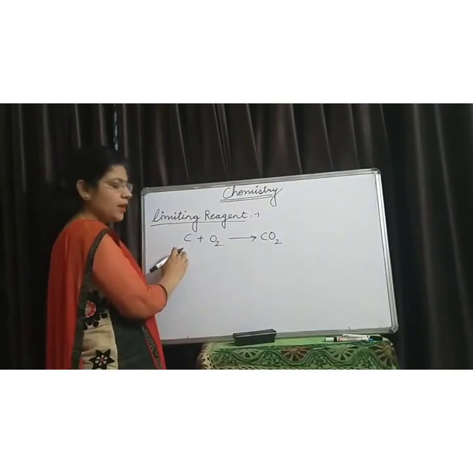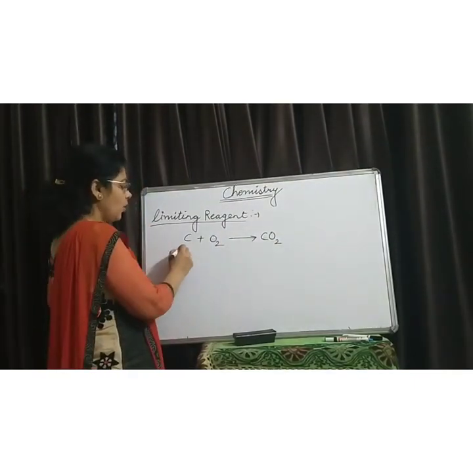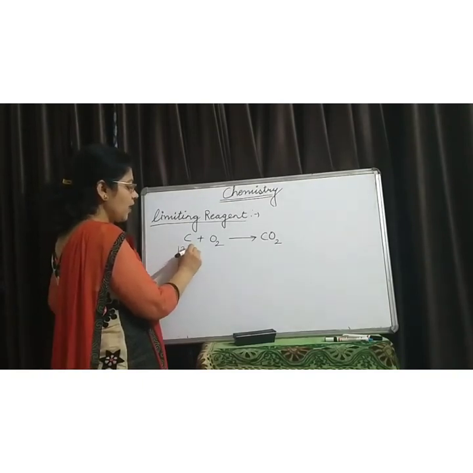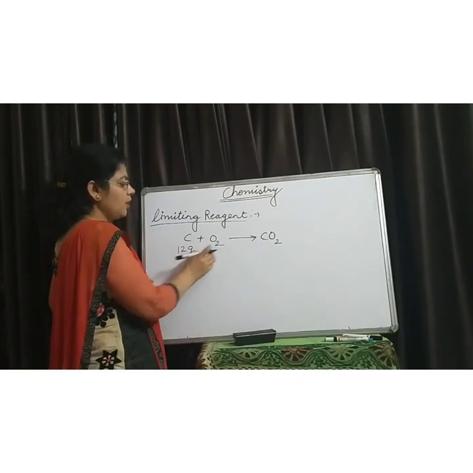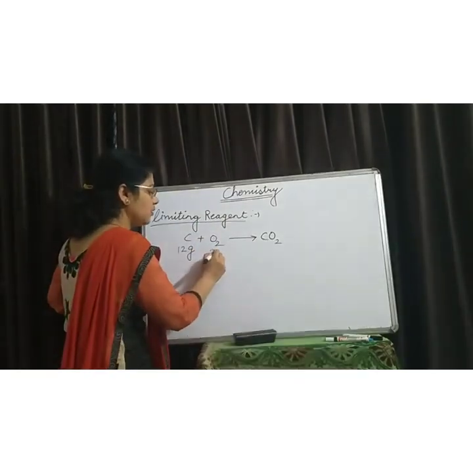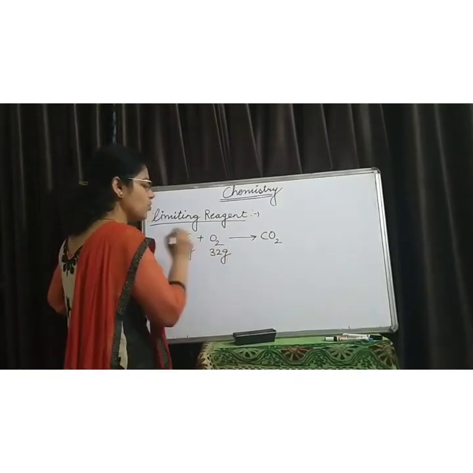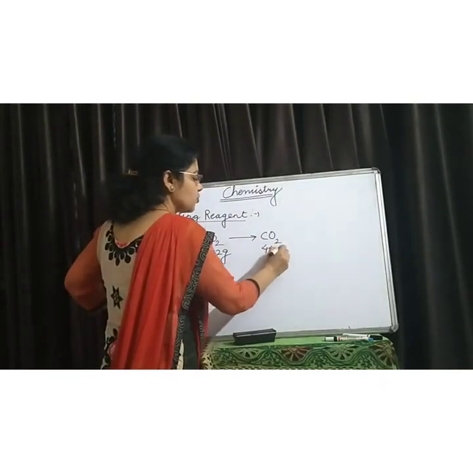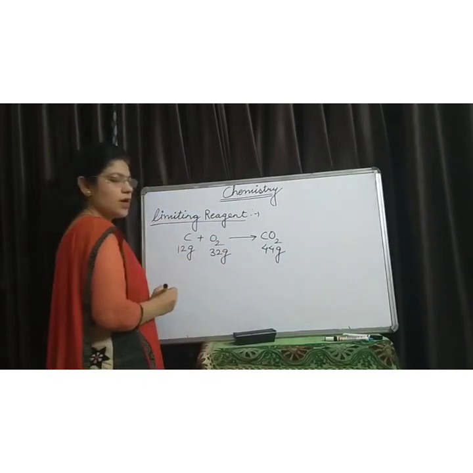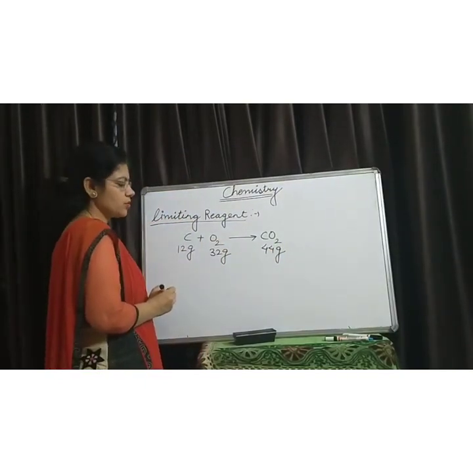In this balanced chemical reaction, we need 12 grams of carbon to react with 32 grams of oxygen so that 44 grams of carbon dioxide is produced.